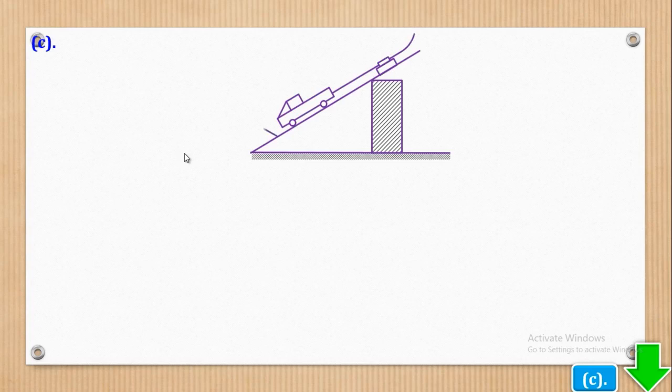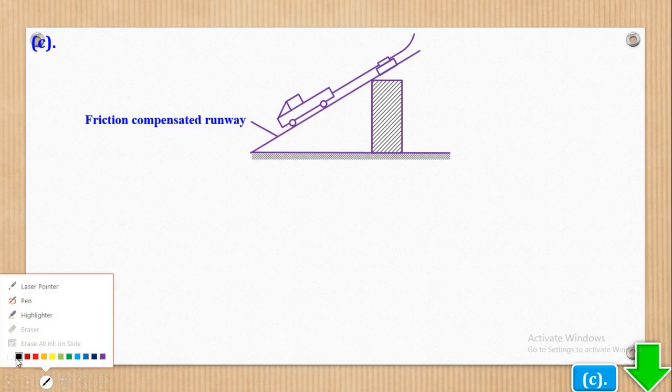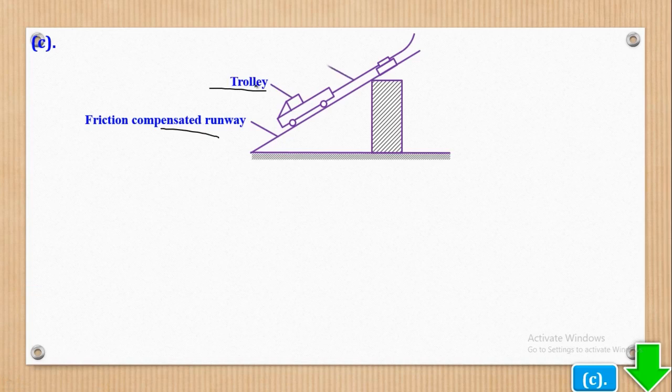Then we shall label, that is a friction compensated runway. Then this is the trolley, this is the tape, and this is the ticker timer, and this is the wooden block to get a slope.